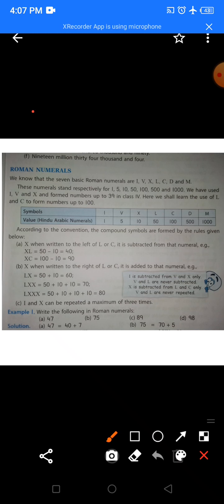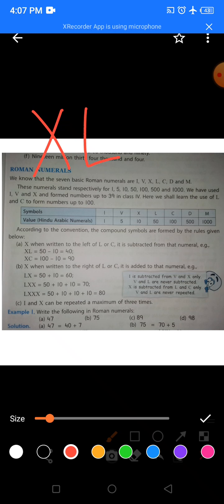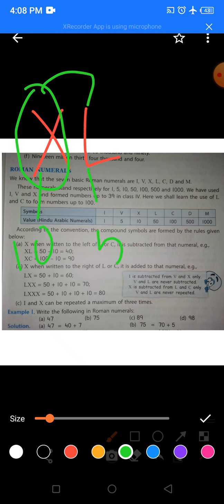So whenever 10 is written to the left of 50, you will subtract it. Means you will subtract this number from this one. This means 10, this means 50. So you will just subtract 10 from 50. What will you get? 40.